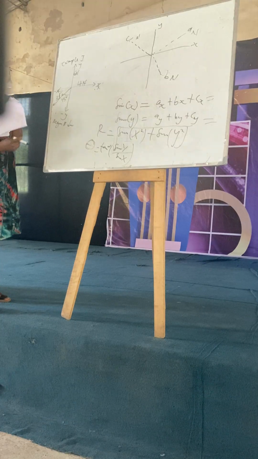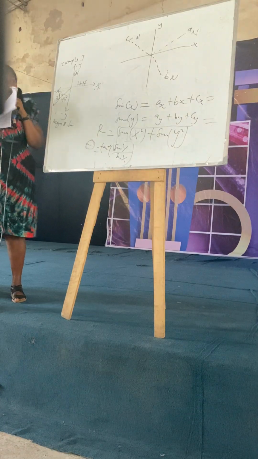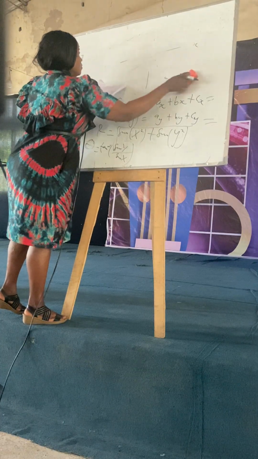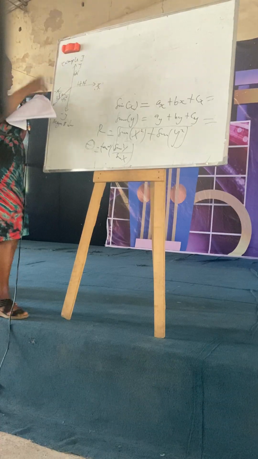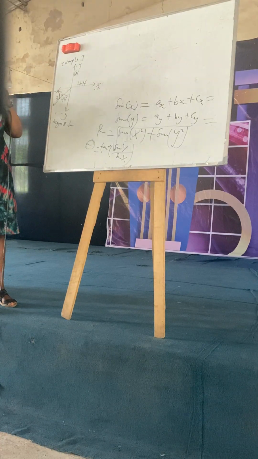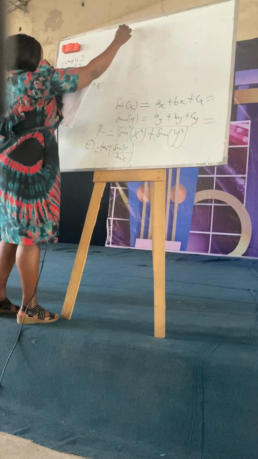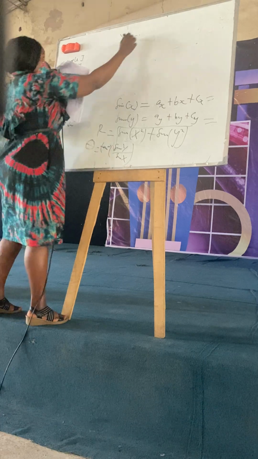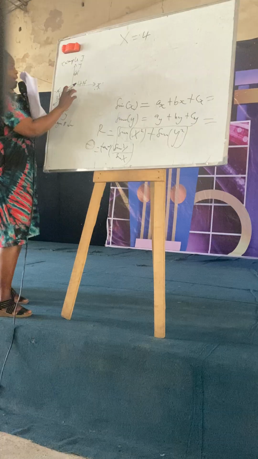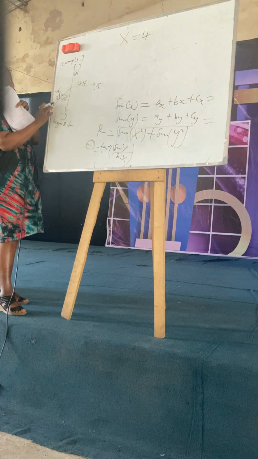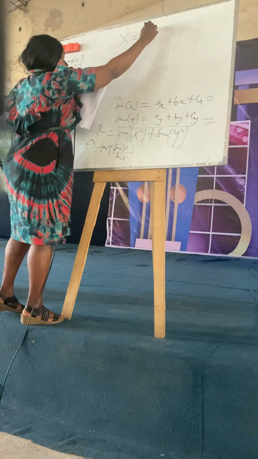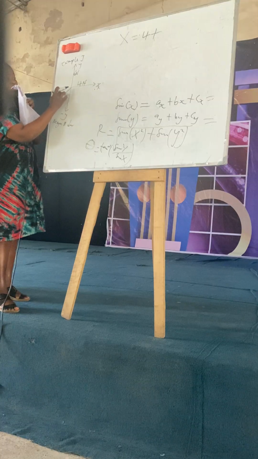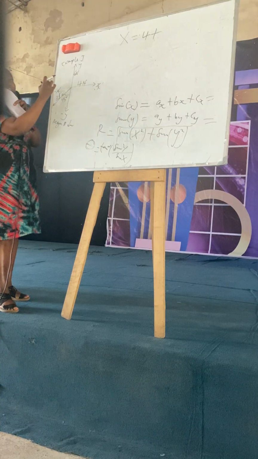To resolve x, resolving into horizontal, we have that x is equal to 4 plus, this is the only vector that we have to resolve. This one is already horizontal, so the vector we are going to resolve is the inclined one, into horizontal, and when resolving into horizontal, we have a negative x.